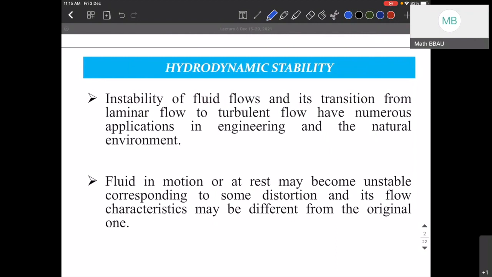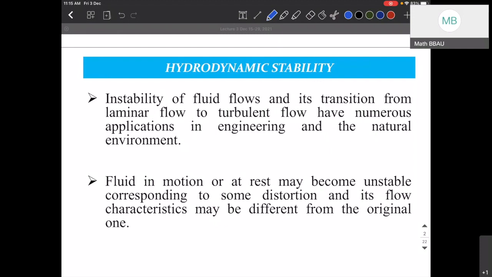Remember, stability means the flow field should be stable for an infinite number of possible disturbances, and the system always regains its original position after some time. Then we say that arrangement is stable.